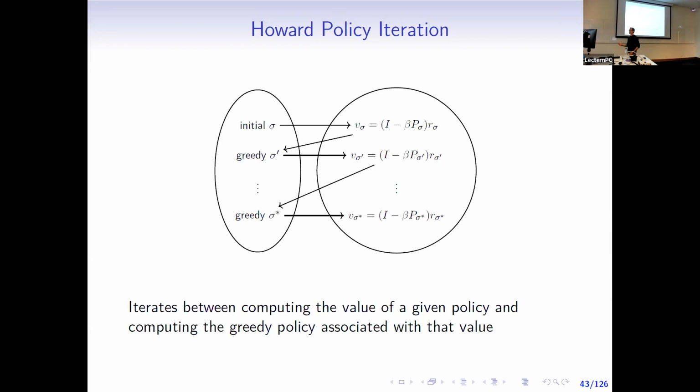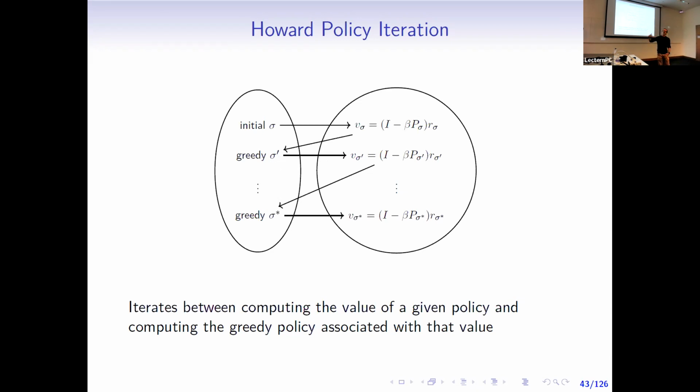It's very simple. I'm going to pick an initial policy. Then I get the lifetime value of that policy. Once I've got that lifetime value, I take the greedy policy with respect to that value. So I compute the lifetime value of sigma, and from that I take the greedy policy, treating it like the value function, and get a new policy.